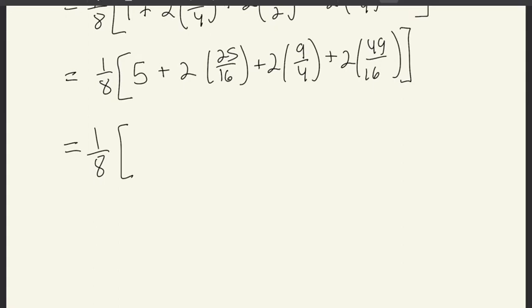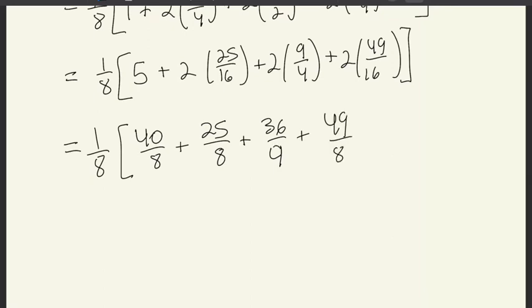All right, that is 1/8 times. The 2 and the 16 will always cancel out to be 8. 5 is 40. Now you have 25/8. This would be 9/2, which is 36/8.